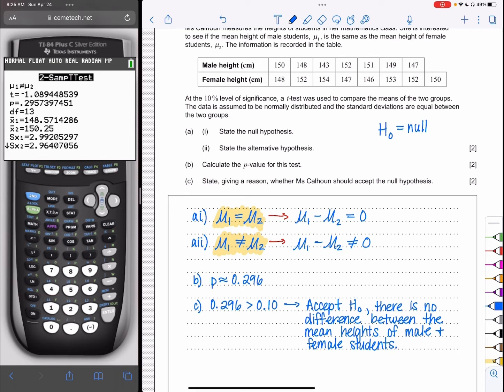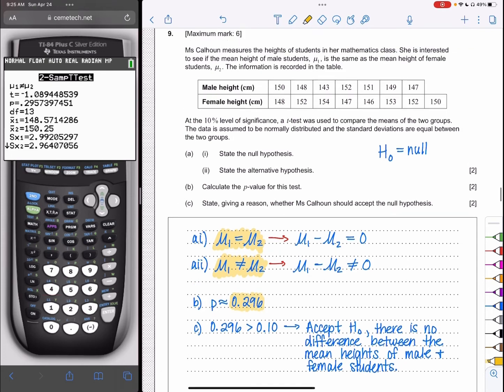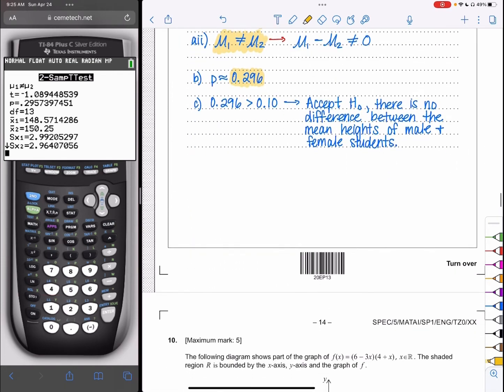All right. So that is the answer to number 9. Okay, or those are the answers to number 9.